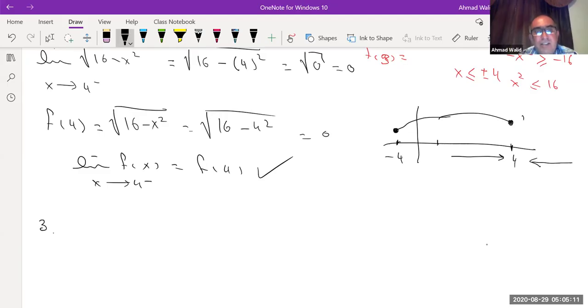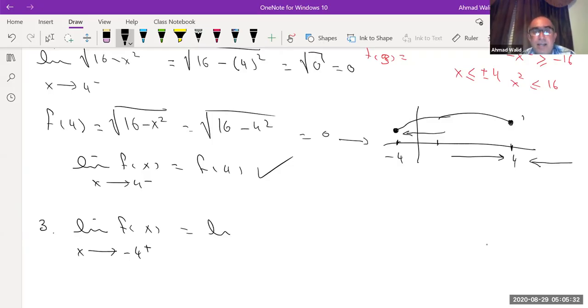Also, last check, number 3: the limit of f of x as x approaches negative 4 from the right. You see the reason. You can go from the right to negative 4. You cannot come from the left to negative 4. There is no function here, right? That's why I set up my limit this way.